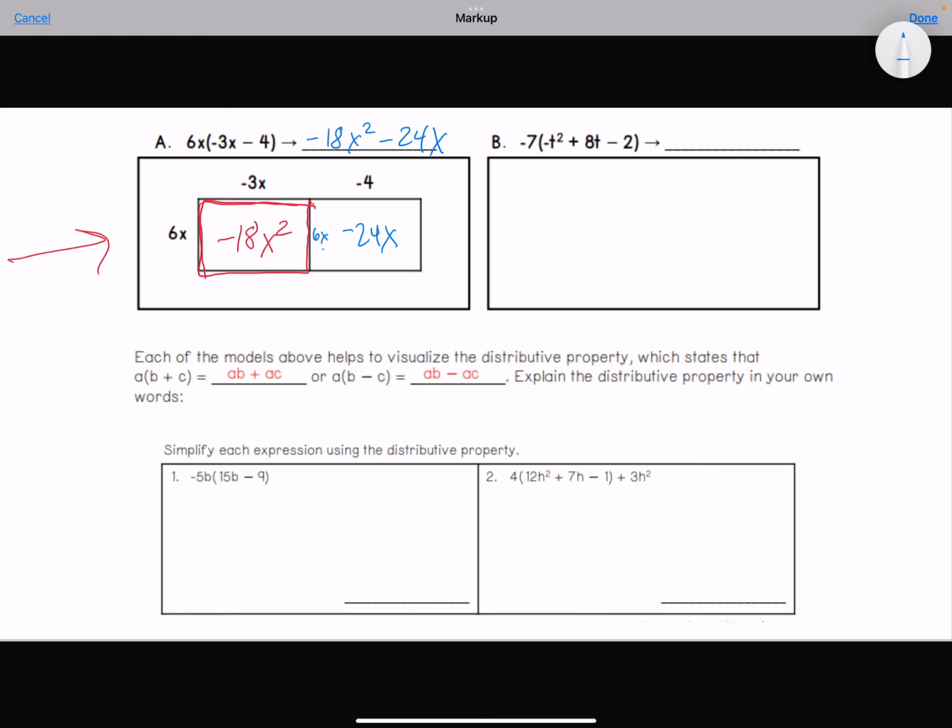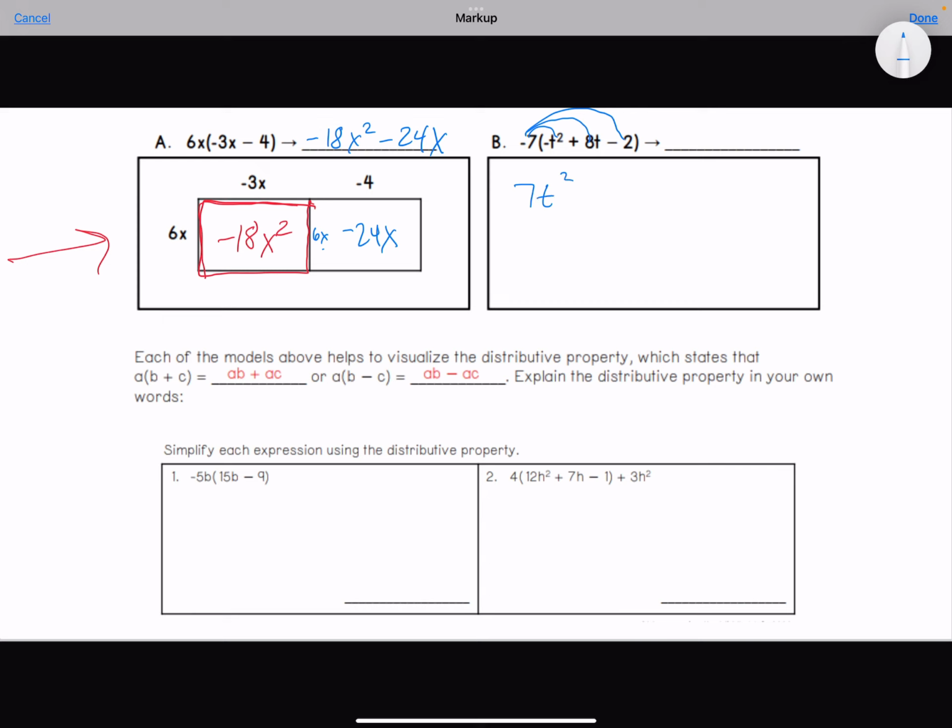The distributing model is you're just going to do the outside number times all of the numbers inside. So negative 7 times negative t squared. Negative times a negative is positive t squared.